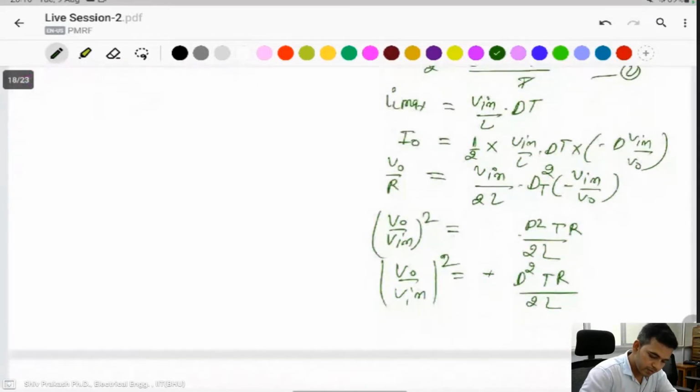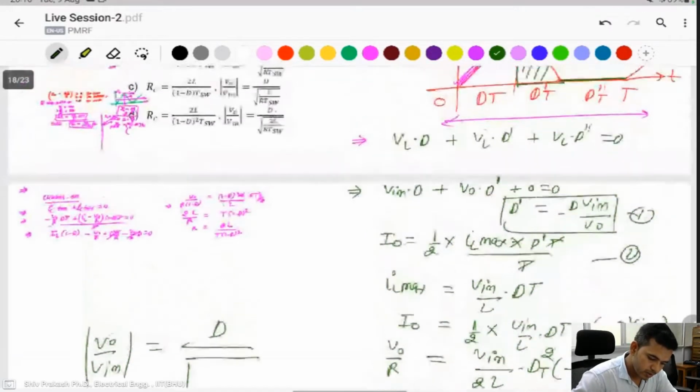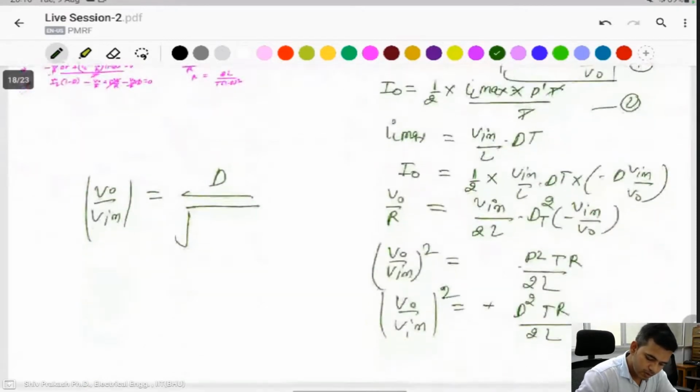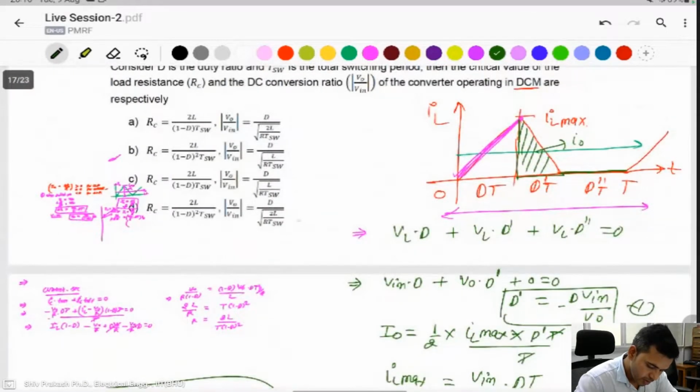Then you find, whenever R is equal to downside, then you find same as 2L divided by rt is w. Then the option I think is correct.